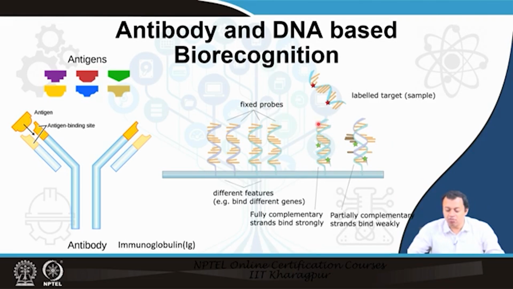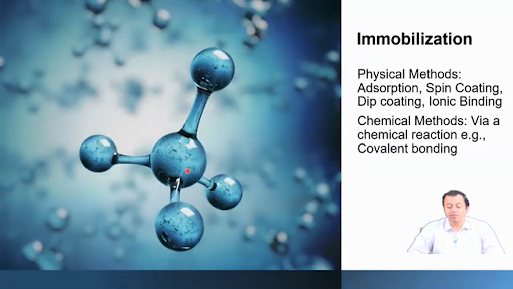Since they are covalently bonded, they are much stronger. Since these are hydrogen bonded, or less covalently bonded, this will flow away, this will remain. This is then recognized, and we look at the change in its optical response, and then we put the antigen antibody complex at certain areas of our body.